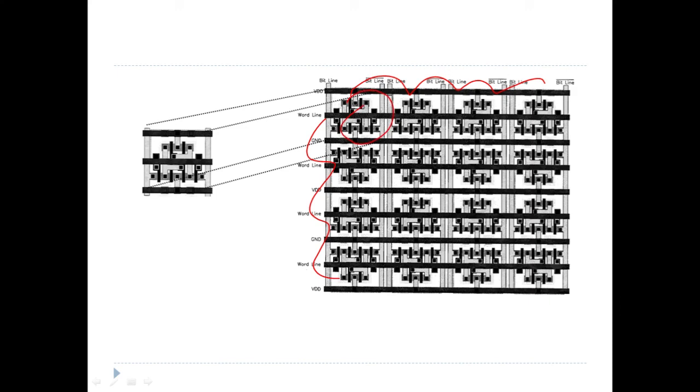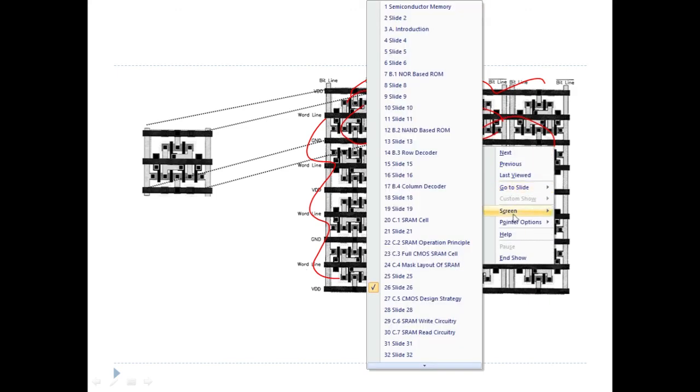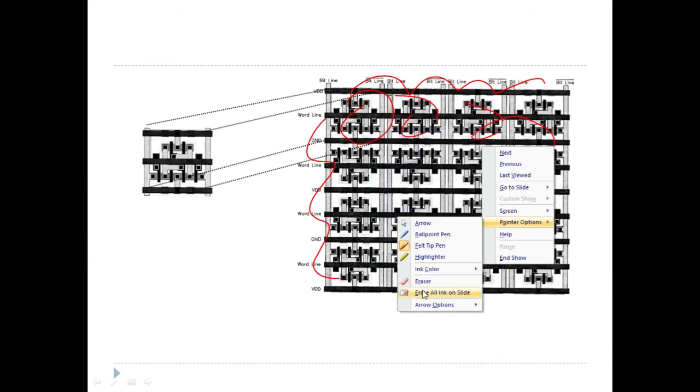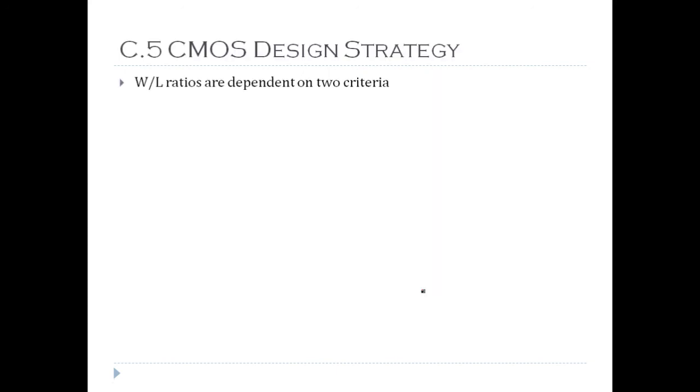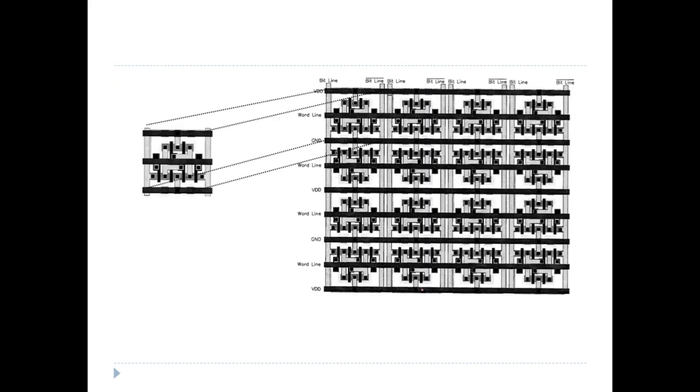So 16 such cells can be used. The same mask can be repeated 16 times to give us the entire 4x4 RAM structure. So this is the 4x4 CMOS SRAM structure. So we'll stop our discussion here.